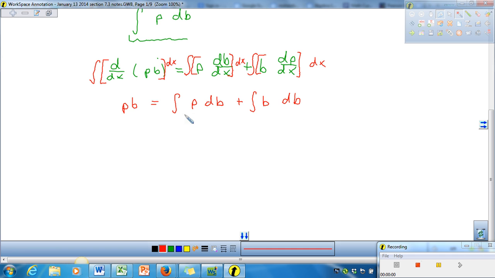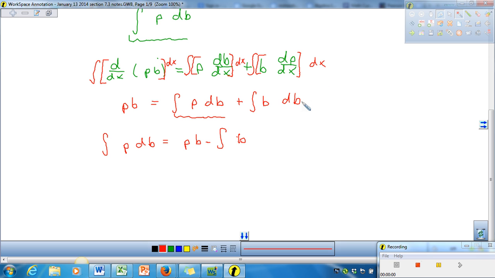All right, well, we said this is the thing we want to learn how to integrate, so I'm going to isolate that. The integral of p dv would equal the integral of p dt minus the integral of b dp.